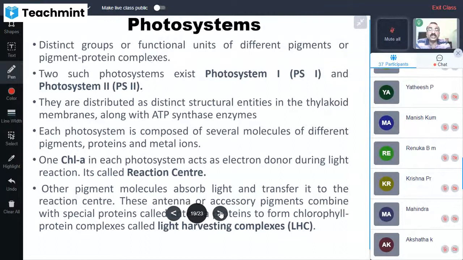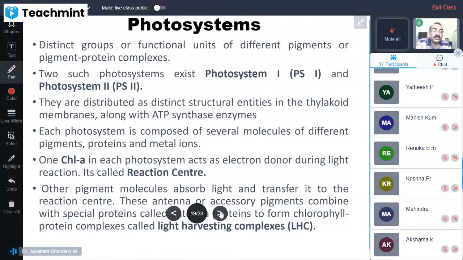So these pigments combine with some proteins and form structures called light harvesting complexes. So they are like antenna molecules of the photosystem. They absorb sunlight and transfer this absorbed light to the reaction center. And always remember, the reaction center is a chlorophyll A molecule.